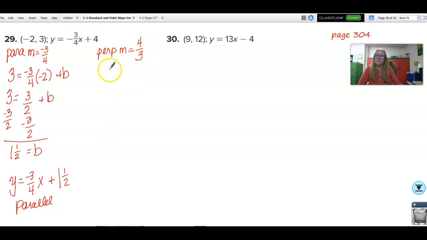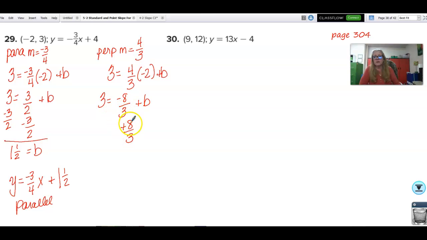The perpendicular one, we would have y equals m x plus b. Okay. And negative 2 times that would be negative 8/3 plus b. And we're going to add 8/3 to both sides.